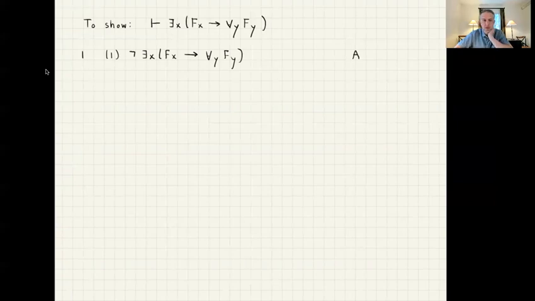Now, I have done this proof and proofs like this so many times that what I remember is negative paradox. What I see very quickly when I look at this is that if little a were not F, then it would be true that if little a is F, then everything is F. So that's just negative paradox.